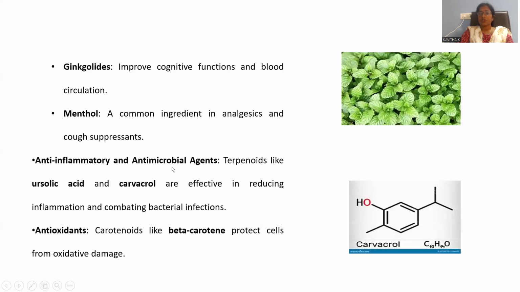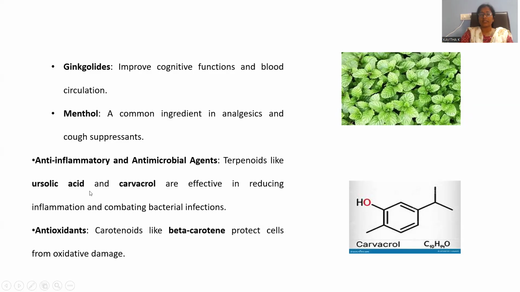Antimicrobial means so many microbes cause diseases to the human, right? So all these disease-causing microorganisms, that might be bacteria, virus, fungi, algae, whatever, which are minute in nature, these microorganisms which cause diseases can be cured by the compounds called terpenoids.